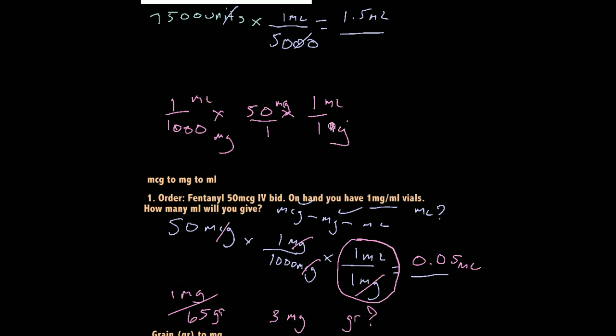I have milligrams right here. Milligrams is on the bottom. This should actually be micrograms. Oops, let me go put a C there. What did I do wrong on this?